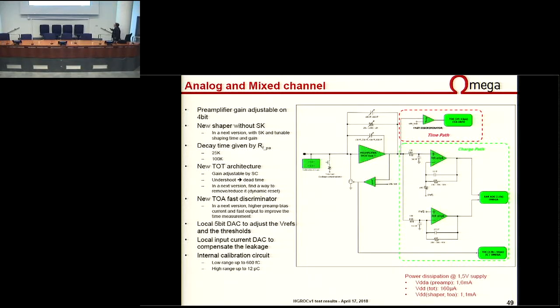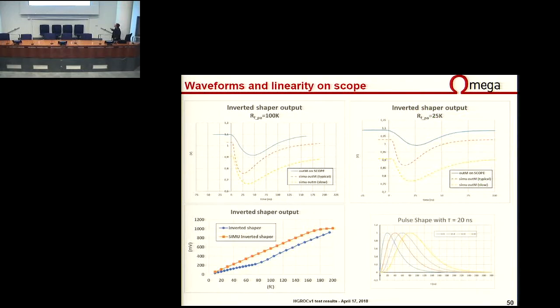The results are still brand new because we had a lot of trouble with the test board that we received at the beginning of this year, in February. So I can show you only a few results.